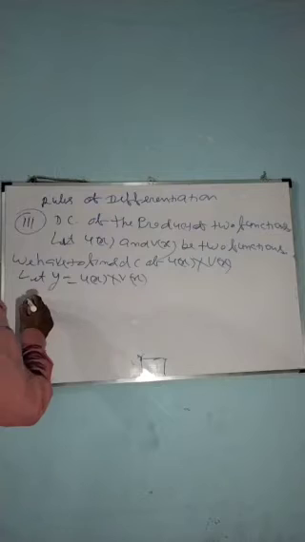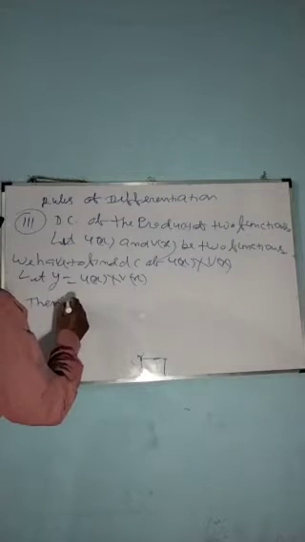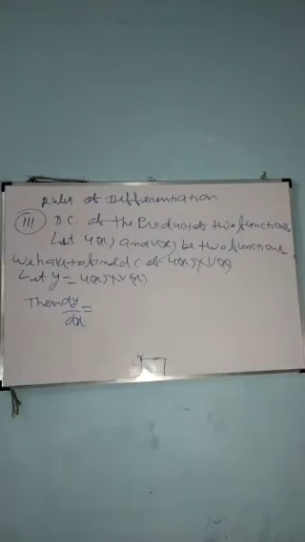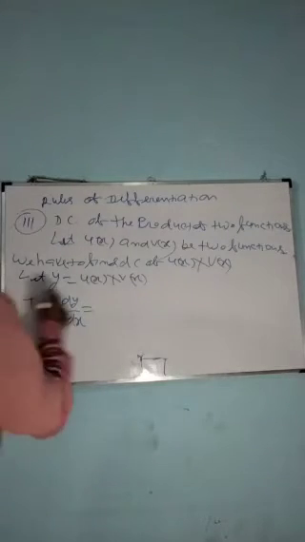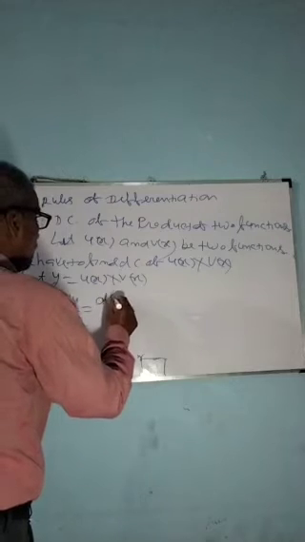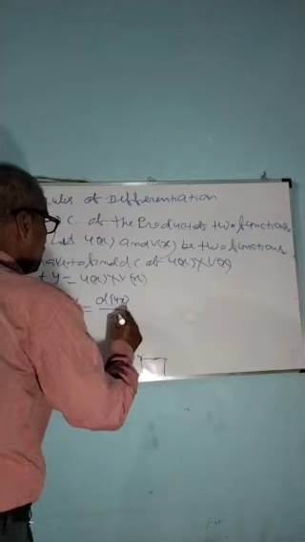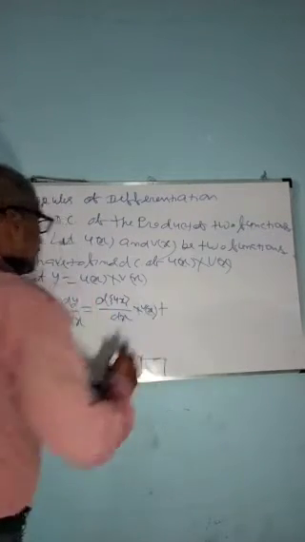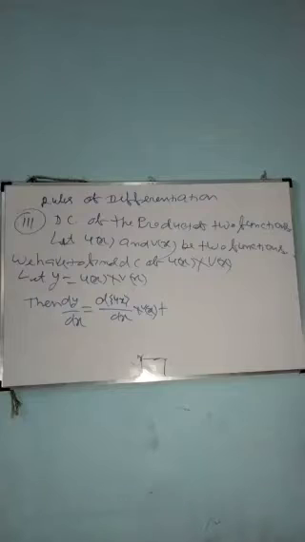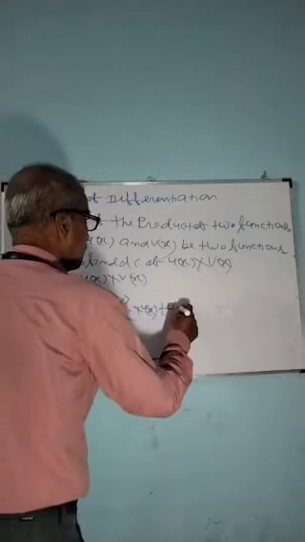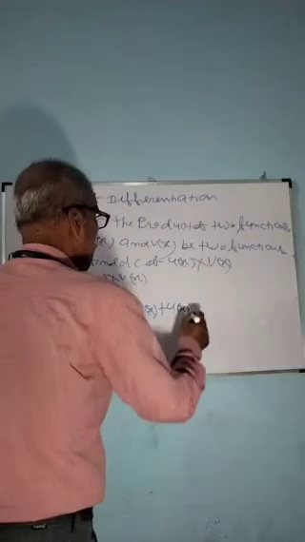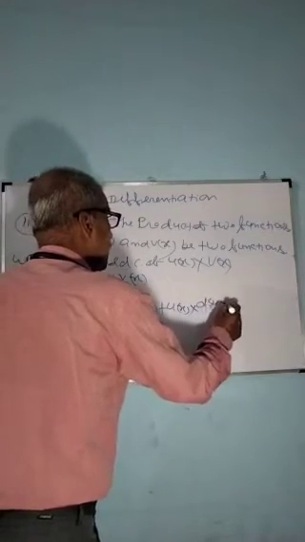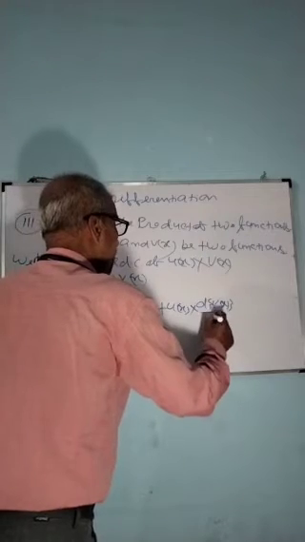Then dy by dx is equal to du by dx into v(x) plus u(x) into dv(x) by dx.